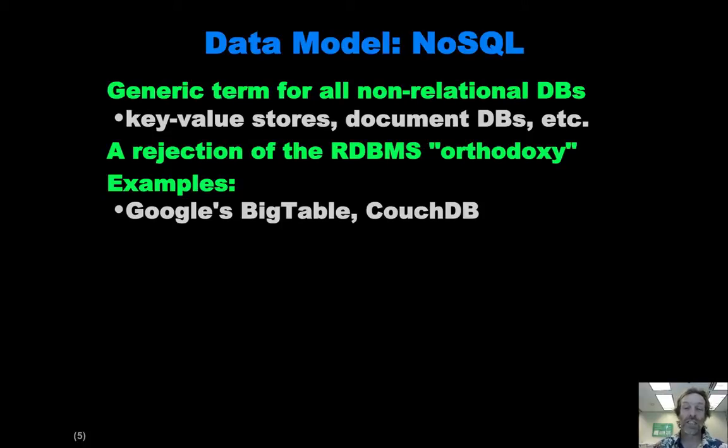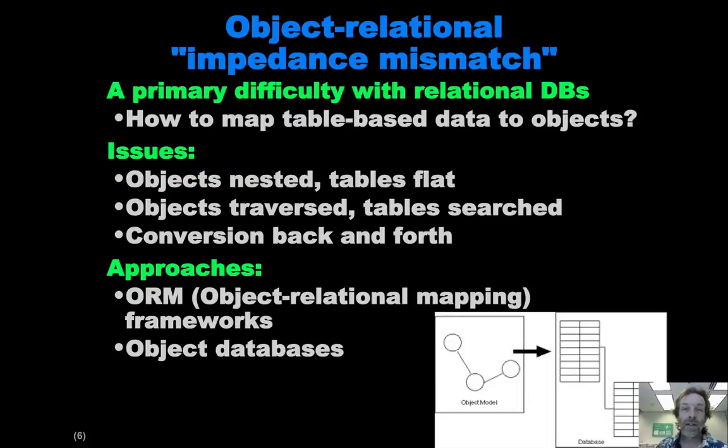There's this system called CouchDB. Google's Bigtable are two examples of large databases that buck the trend of using a relational database data model. So you should be aware of that if you come across that in your readings or on the web someplace.